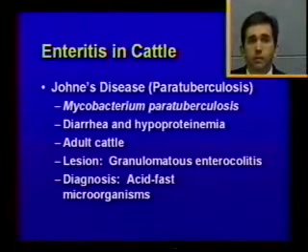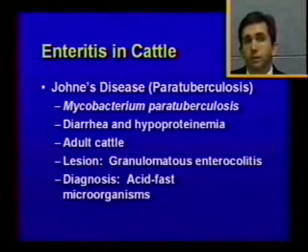Histologically, it has a very classical lesion, and that is granulomatous enterocolitis. That means that there is an abundance of macrophages present in the intestine, and these macrophages are filled with bacteria that are acid-fast. So that acid-fast feature is what makes this compatible with a Mycobacterium infection.